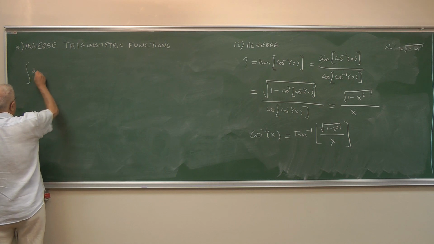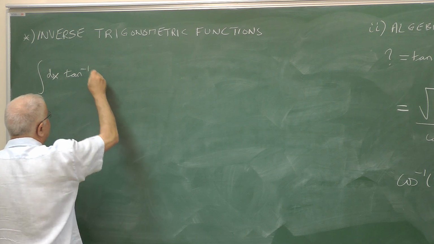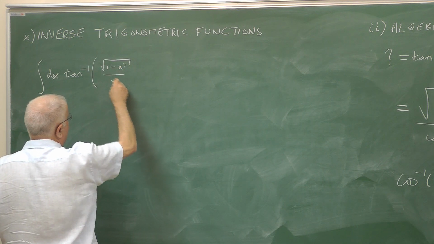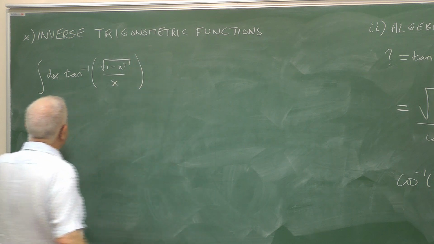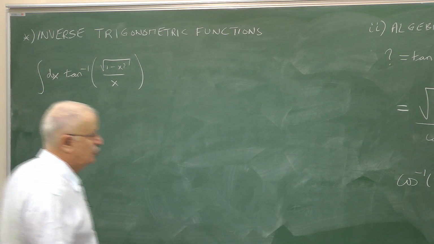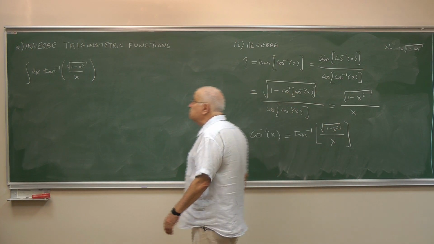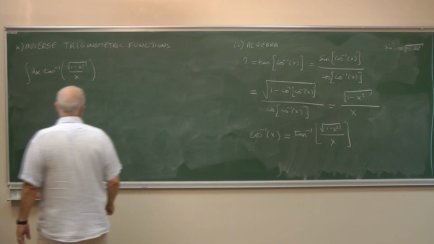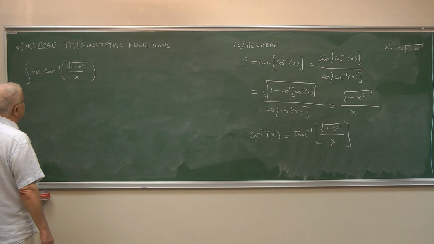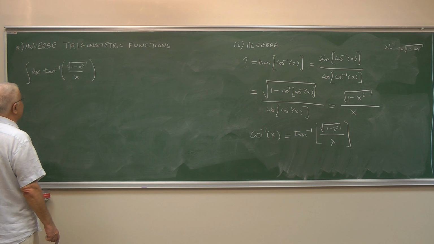Something like this, integral dx, arctangent of square root of 1 minus x square over x. This integral is horrible. How will you ever find it in a great integral table like Gradshteyn and Ryzhik's? Good luck, you won't be able to find it.